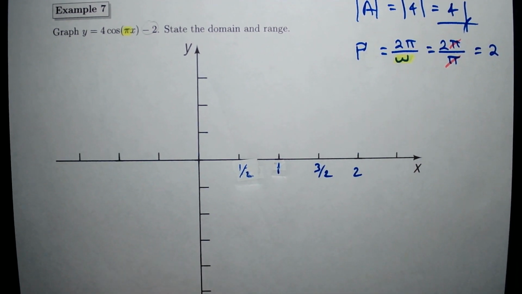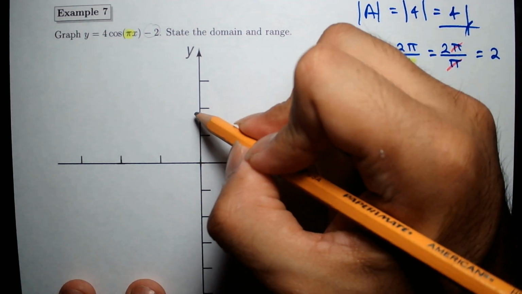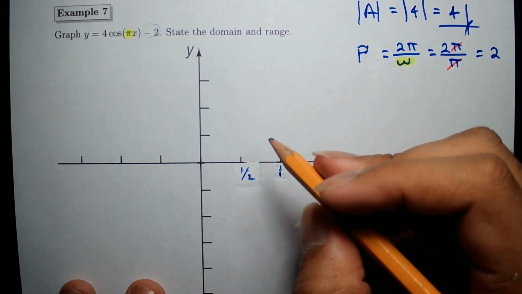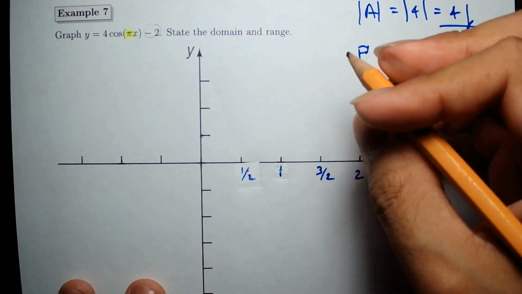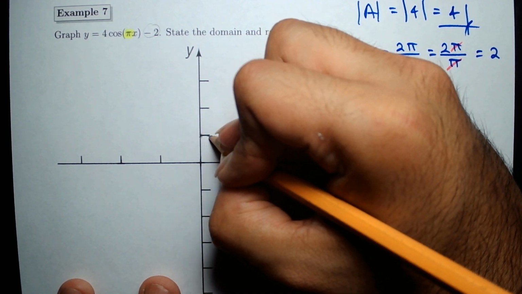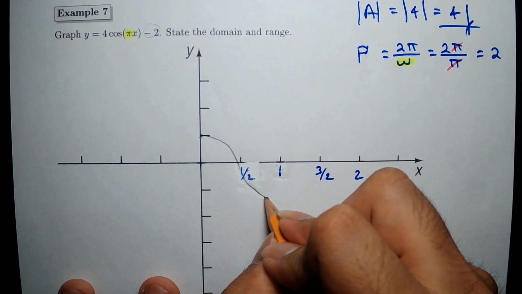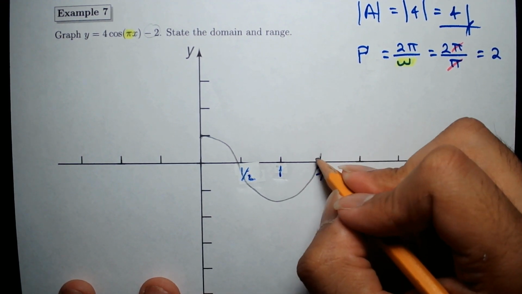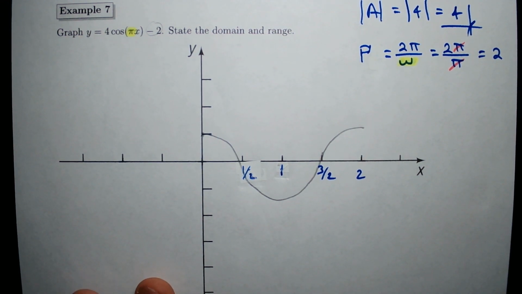All right. Originally, for cosine in this case, which starts at 0, 1, I'm going to use pencil. It would look like this. That's one period for cosine.